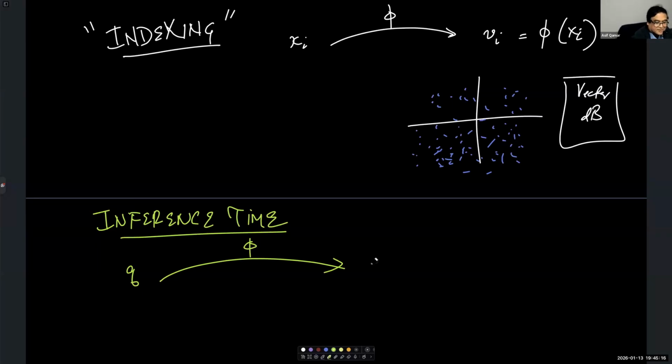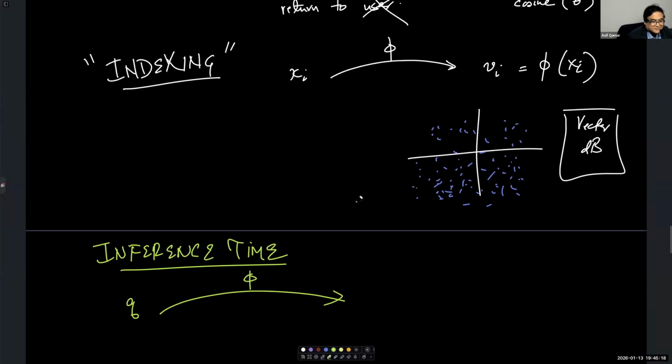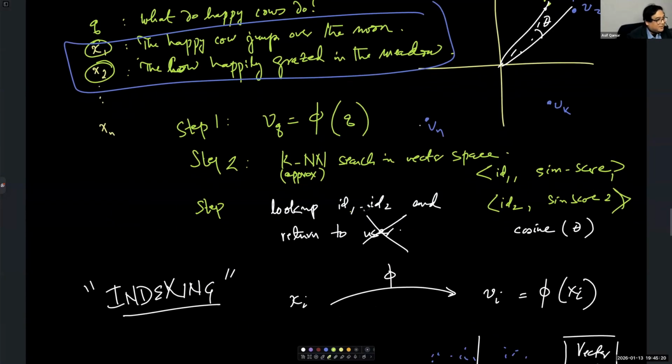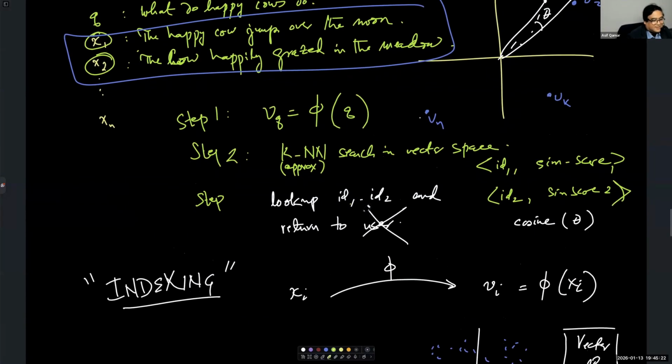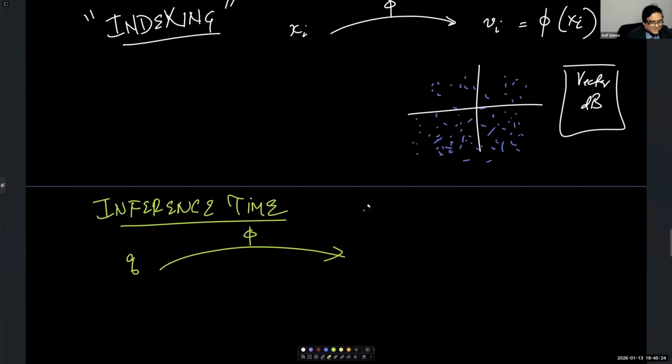What were the three steps? First, convert it to a vector, do k nearest neighbor search, and then get the ID. So let's do that. First thing, it will become VQ. VQ would be phi of query. That will land, let's say, here. What are the k nearest neighbors? Let's make a little neighborhood here.